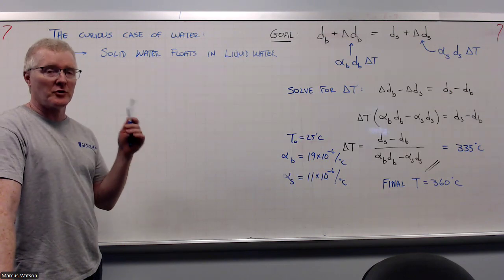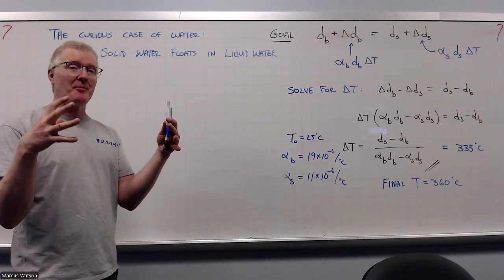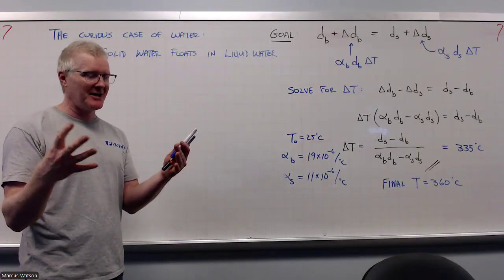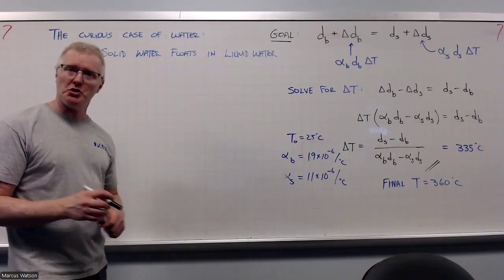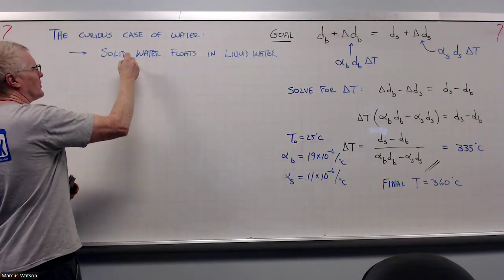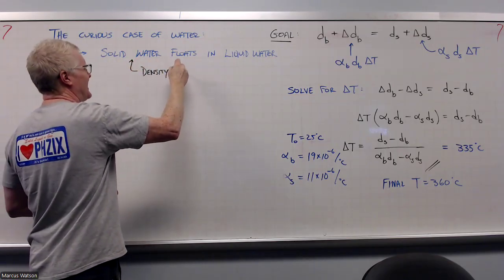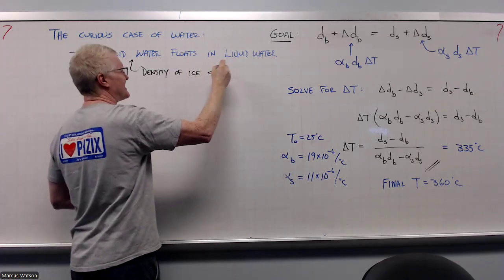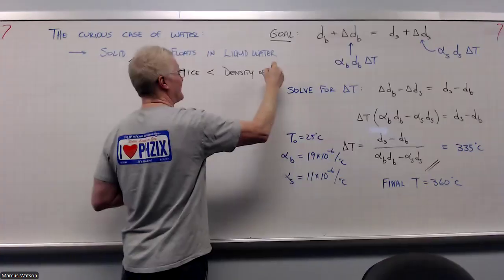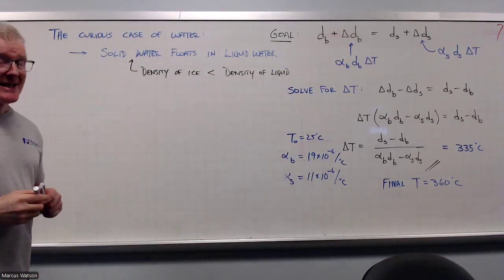In other words, for the same mass of stuff, the solid takes up more space than the liquid does. Just really kind of not usual, okay? So the density of ice is less than the density of liquid. Okay, so why does that happen?